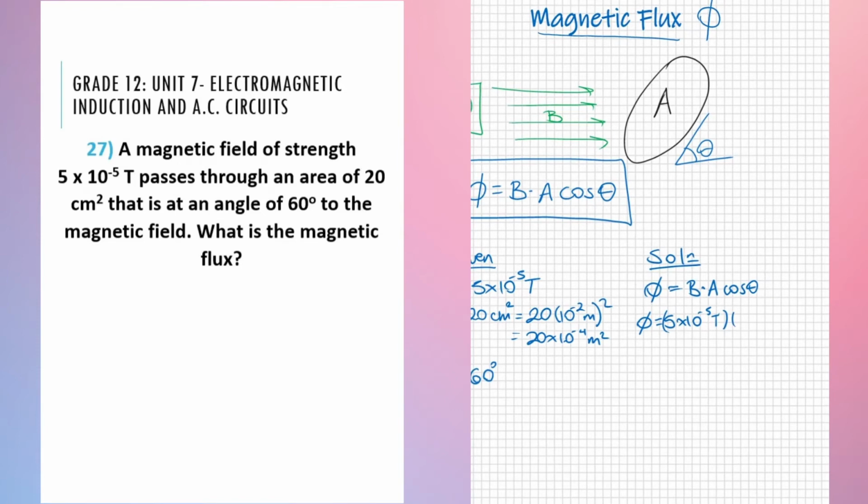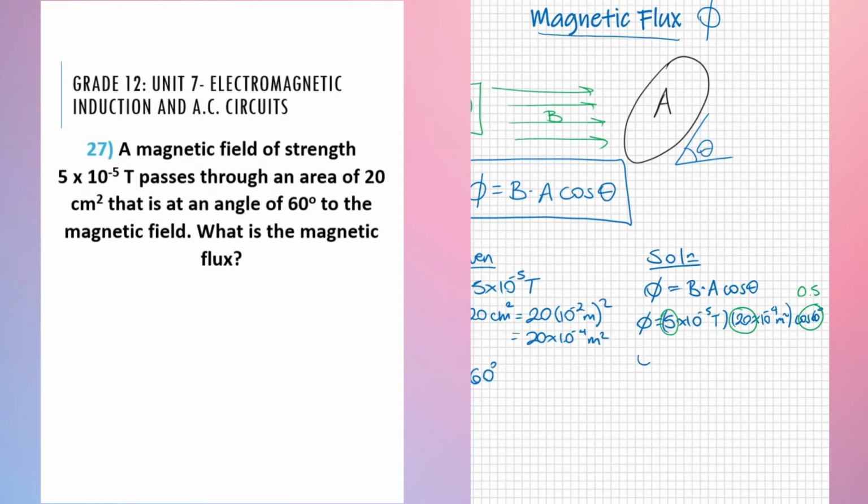We have the area as 20 times 10 to the power of minus 4 meters squared, and we have the angle as the cosine of 60 degrees. Now let's see if we can simplify anything here. We have the cosine of 60, we know is 0.5, so we keep that in mind. We also have 5 times 20, that'll be 100. We can multiply that 100 by 0.5 to get 50, right?